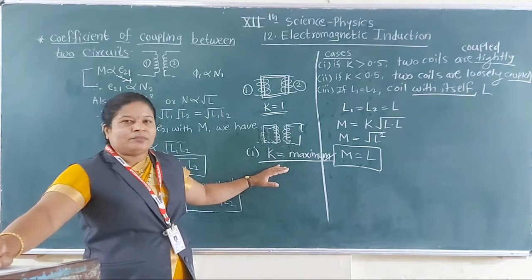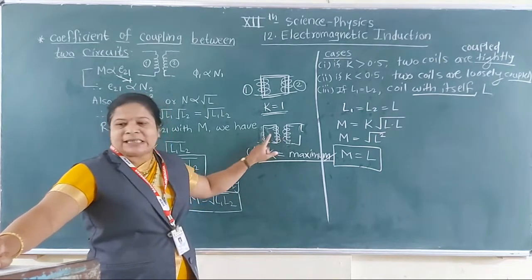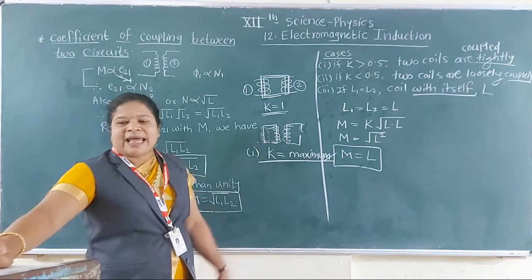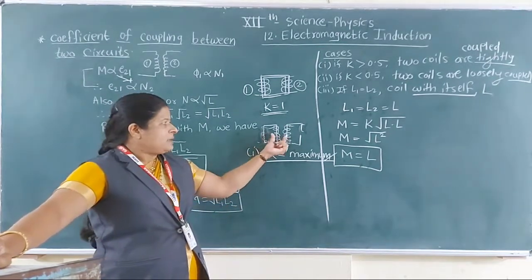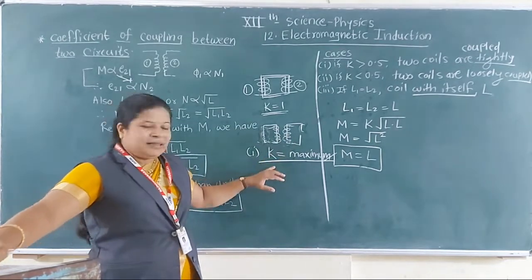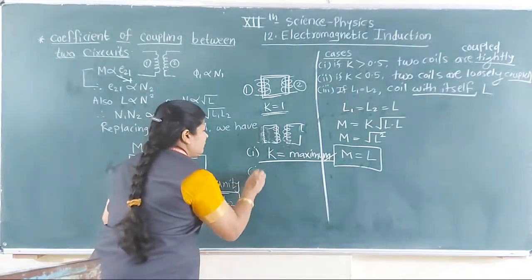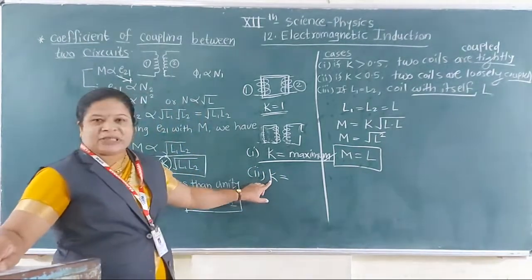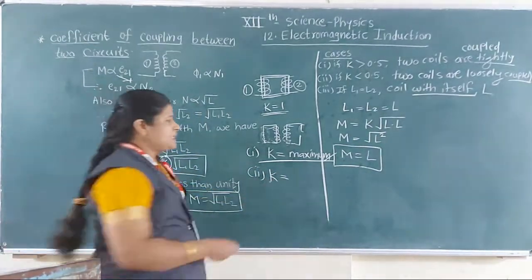And if the axes of these coils are at right angles, meaning these two coils are perpendicular to each other, then the value of K, the coefficient of coupling, is minimum.